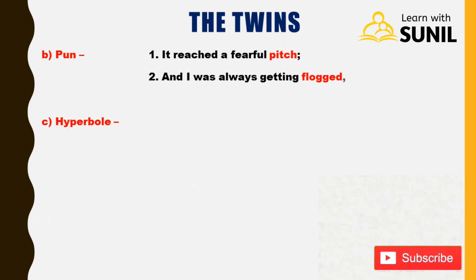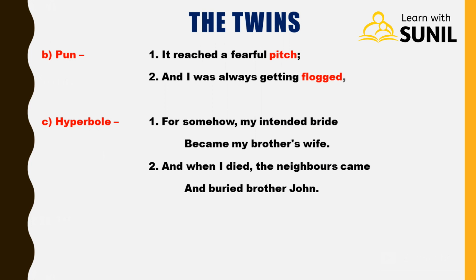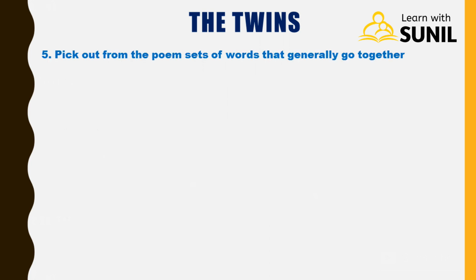C. Hyperbole. First, for somehow my intended bride became my brother's wife. Second, and when I died, the neighbors came and buried brother John. Next question. Pick out from the poem sets of words that generally go together.